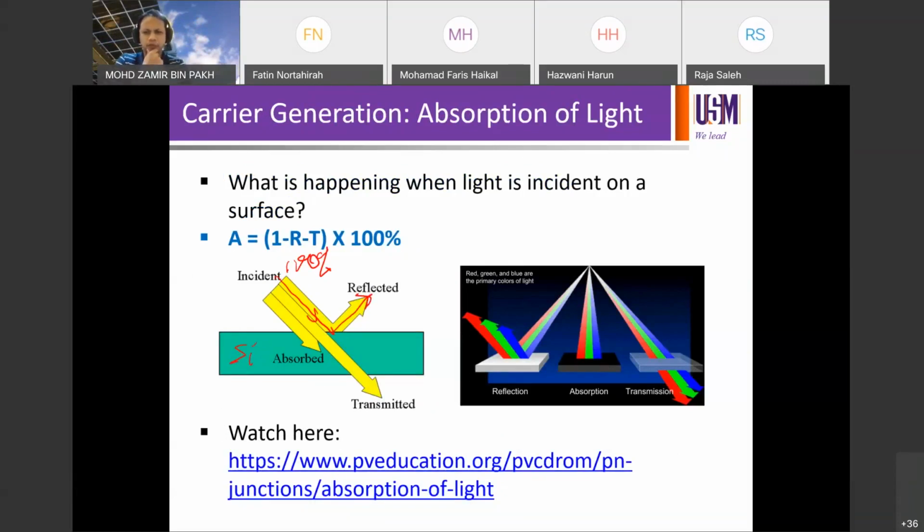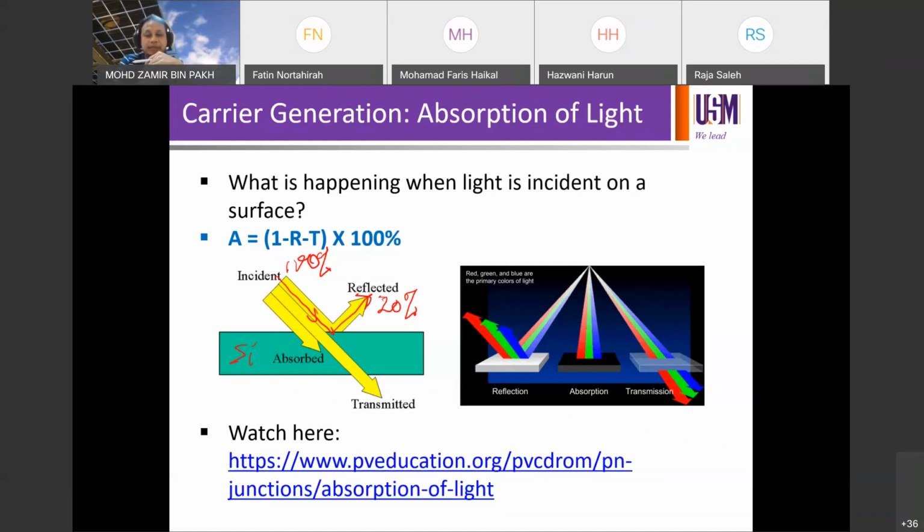Okay, so what is not reflected? Say the reflection is about 20%, for example. So if 20% is reflected, how much will go into the material? So you have 100% and 20% is reflected. How much is left to go into the material?